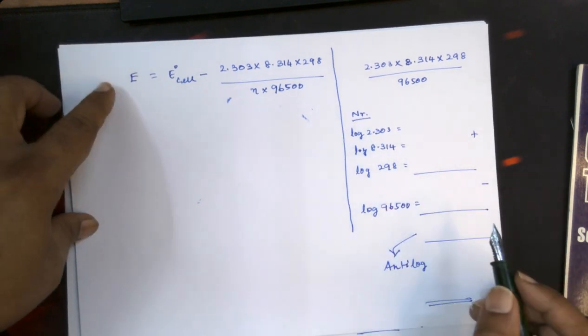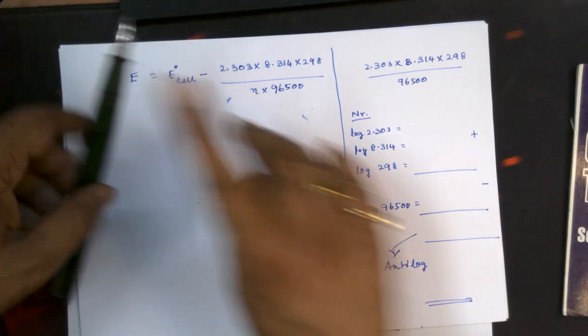What is the log 2.303? So how to check this value?